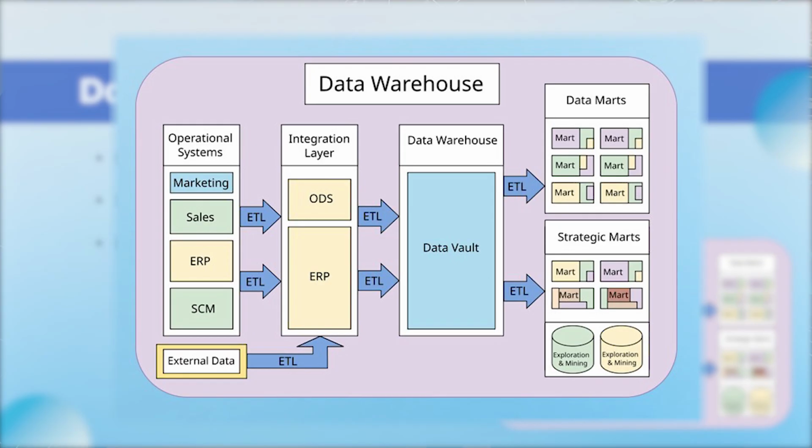As the diagram shows, there are different layers. These are operational systems, the integration layer, which is the data warehouse, and the data marts. From the previous layers, data comes to the data warehouse, which manages all the relevant data for analysis and decision making purposes.